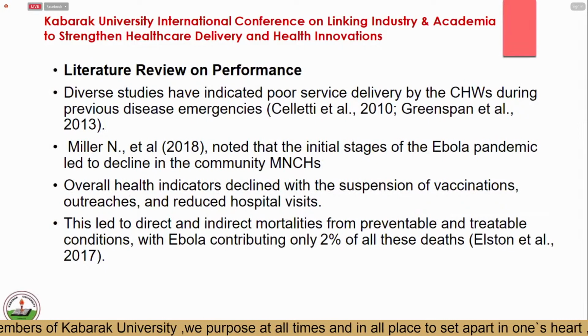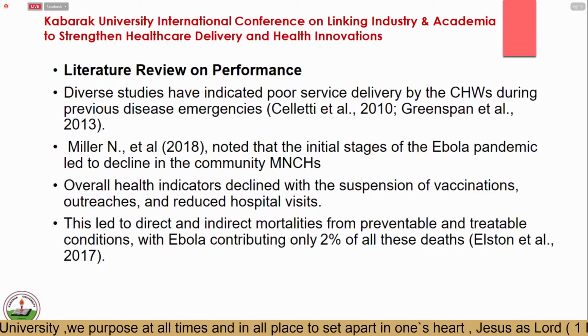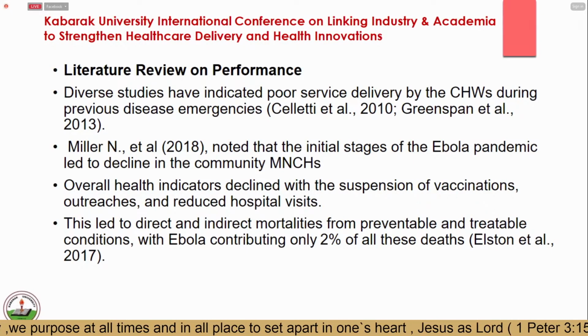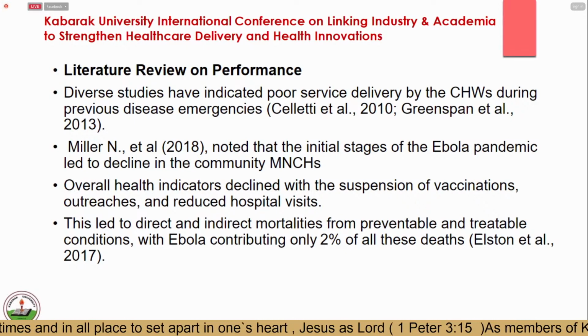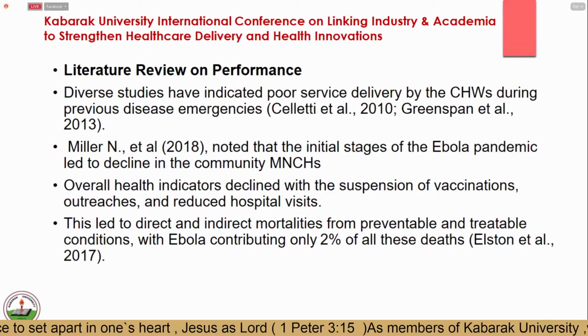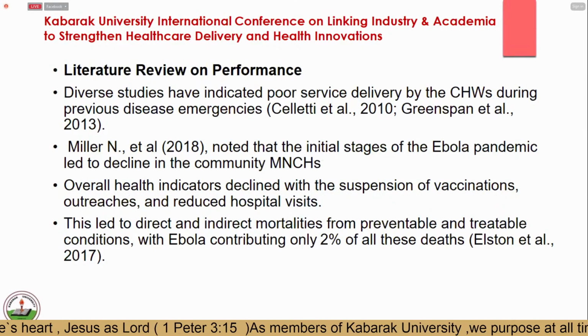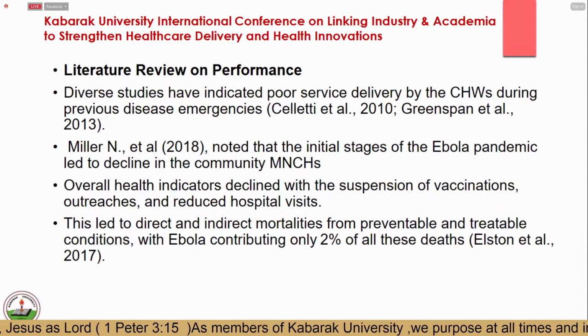Performance: studies have indicated that poor service delivery by the community health workers has been reported in previous health systems, as reported by Miller et al. in 2018 on the Ebola pandemic, who said that the initial stages of the pandemic led to a decline in community maternal and child health services.